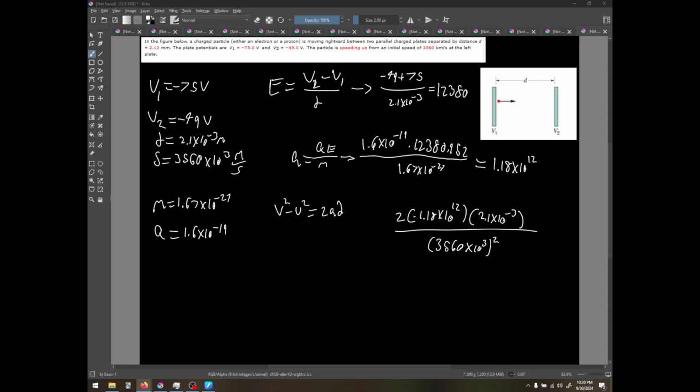I'm pretty sure I followed that right. So that looks fine. M and Q are constants. Acceleration. Yeah, it looks fine. And that even looks fine.